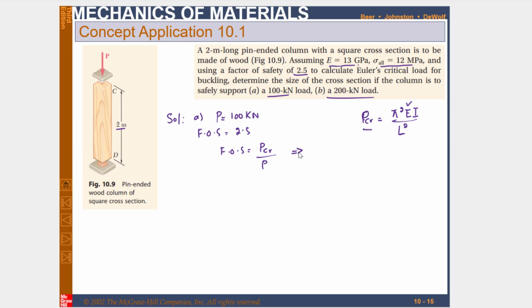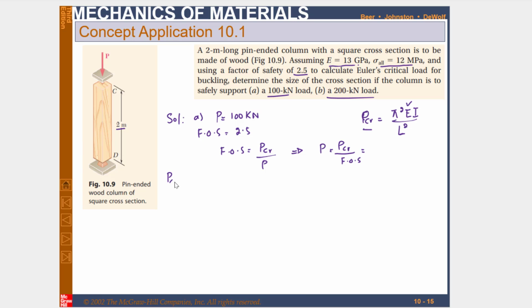So you can see your applied load will be equal to P critical over factor of safety. P critical is not given, only the load is given, so what we have to find is P critical.